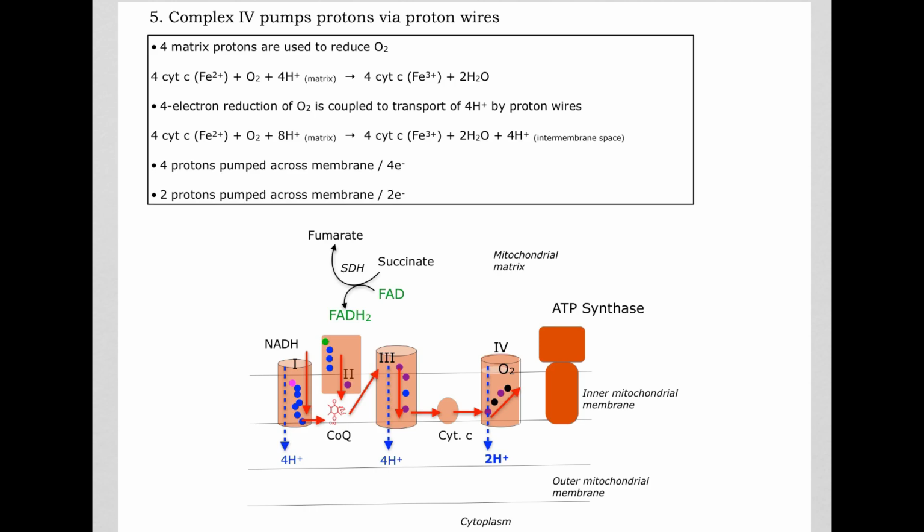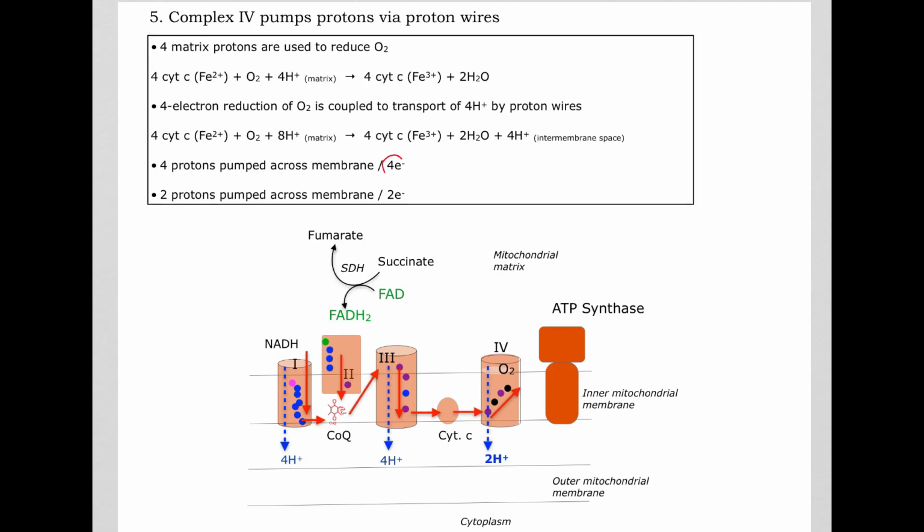Now looking at this equation, we can see that for every 4 electrons that are transferred from cytochrome C to oxygen, a total of 8 protons in the matrix are used up. 4 of these protons are used to make water, and the other 4 protons are transported into the intermembrane space.